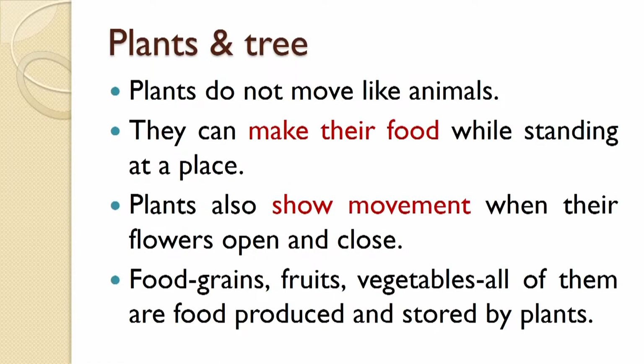Next comes plants and trees. In the previous slide we discussed that a living entity can move, but you can find in your surroundings that a plant or tree does not move like a normal animal, but they can make their food while standing at one place.